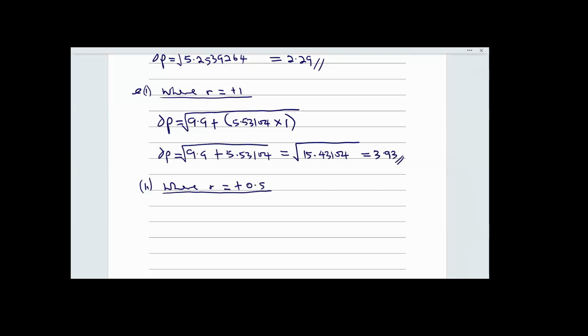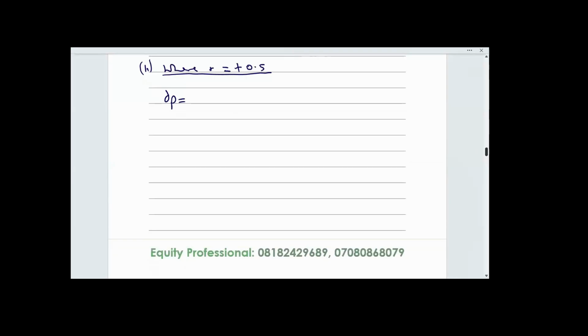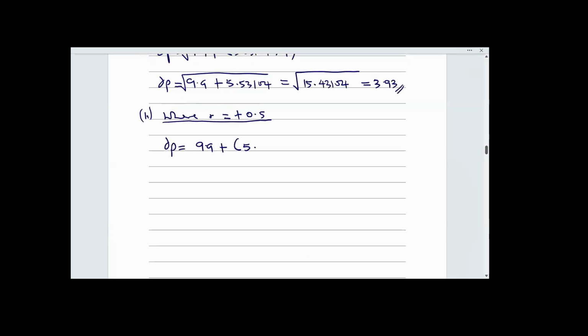So it's the same thing. The risk of the portfolio then will be equal to the square root of 9.9 plus, open a bracket, 5.53104 multiplied by the correlation coefficient, which is positive 0.5.